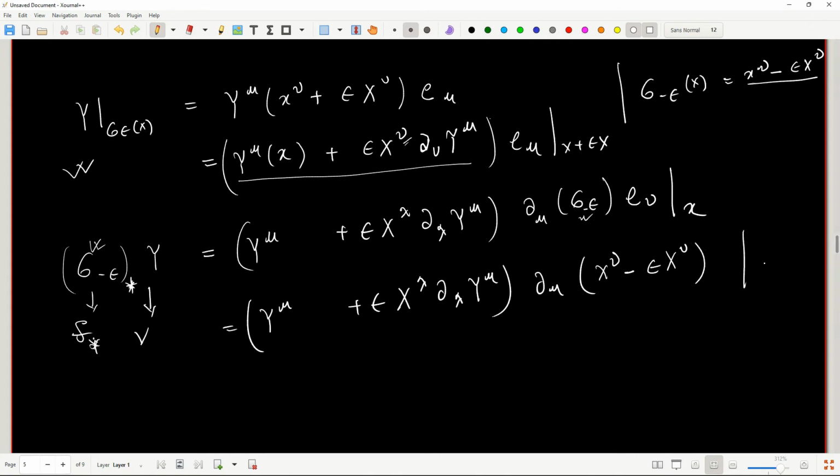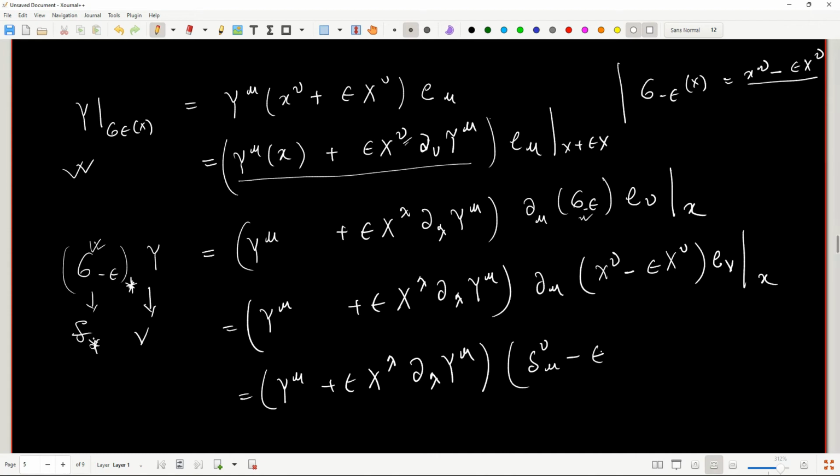I'll just denote it with this sign over here, and here you have the basis. So this is y mu plus epsilon x of lambda del of lambda y of mu, and this partial derivative is with respect to x mu, so you will have a delta nu mu minus epsilon del mu x of nu, and then have the basis, which is again nothing but this thing.